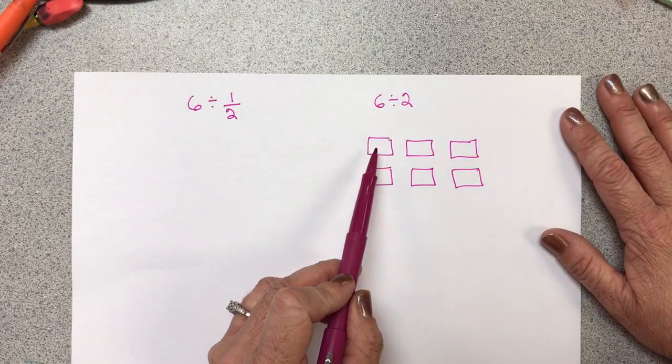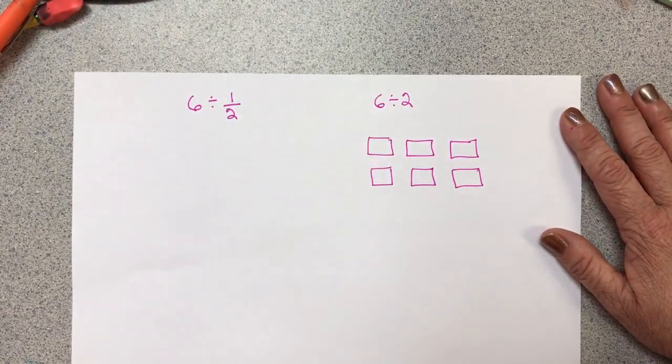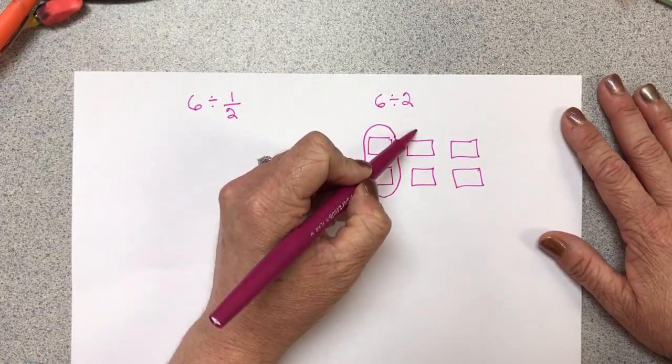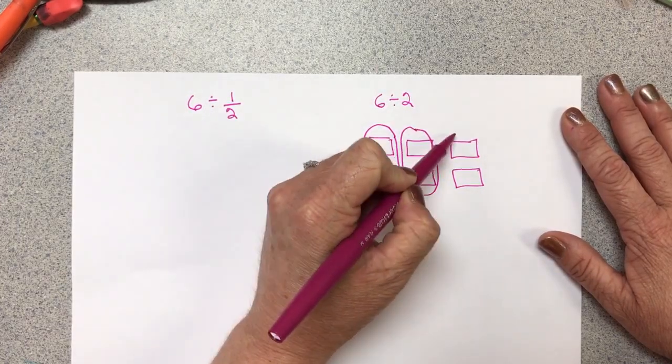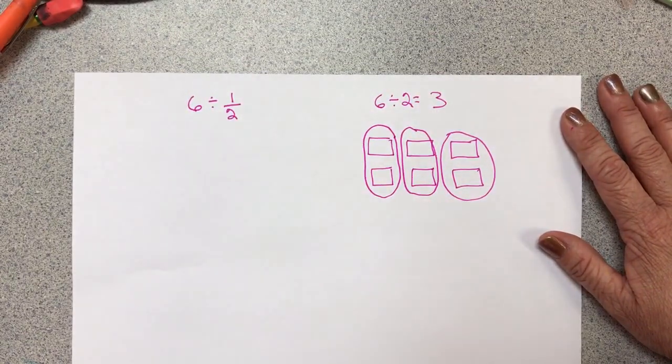So if these here are the cups of flour and we need 2 cups for each cake, then we can look at this as being the answer of 3, right? So that would be 3 cakes. Another way of thinking about that is how many 2's are in 6.